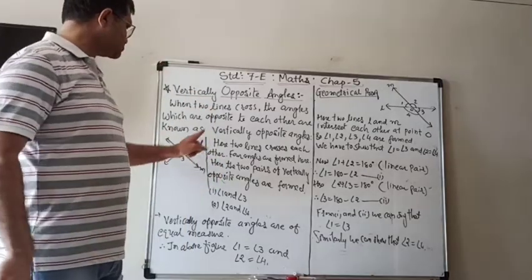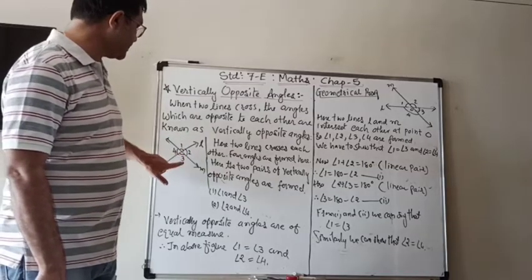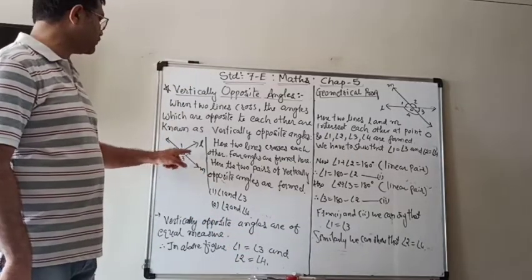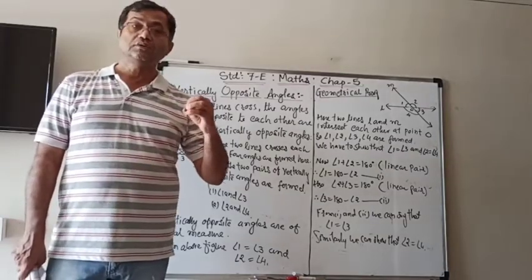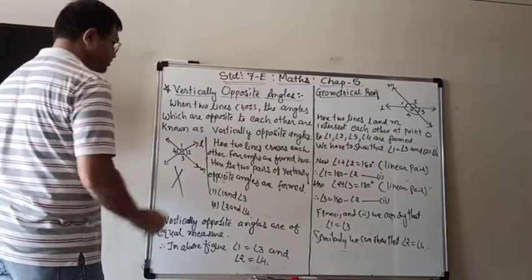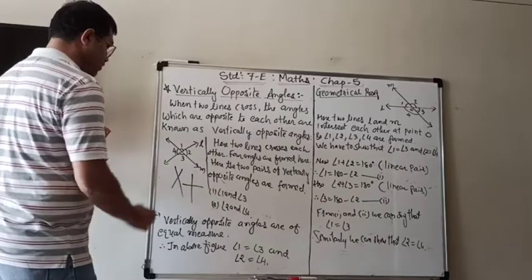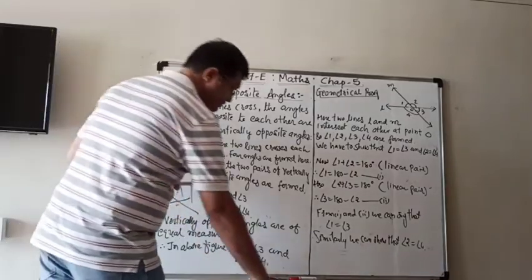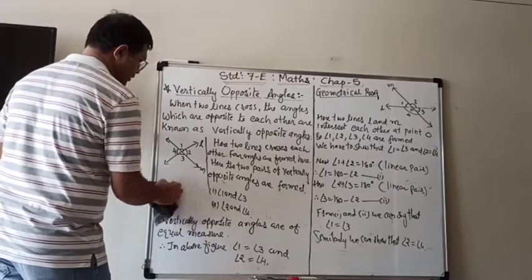It means that when two lines cross each other, the measure of angle 1 and angle 3 will be equal, and similarly the measure of angle 2 and angle 4 will always be equal. It doesn't matter how the two lines cross each other; the vertically opposite angles are always of the same measure.